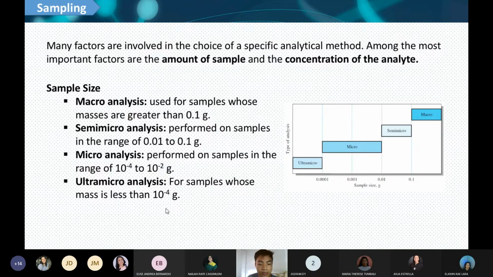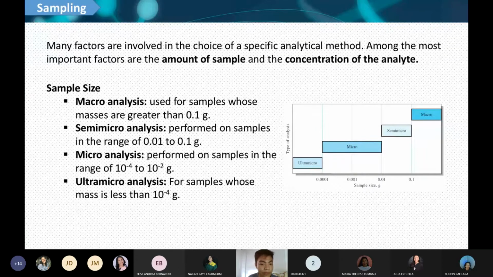Hindi na niya kaya yon. So for every type of analysis, there are specific analytical methods, kasi sometimes your analysis needs much more precise instruments. Mas sensitive na instrument ang kailangan. So, yun yung first goal nyo.